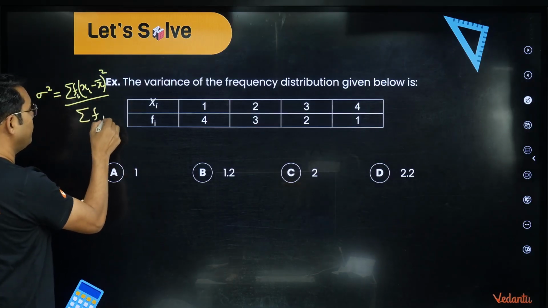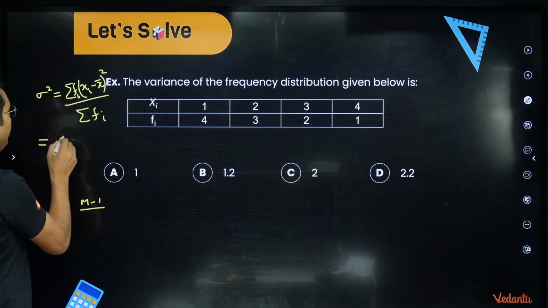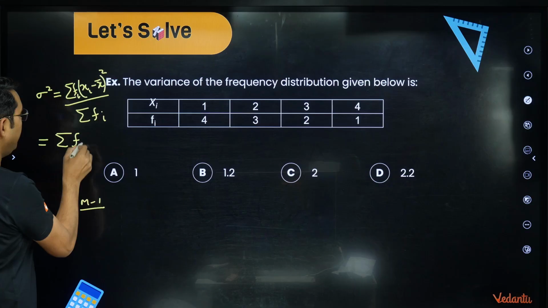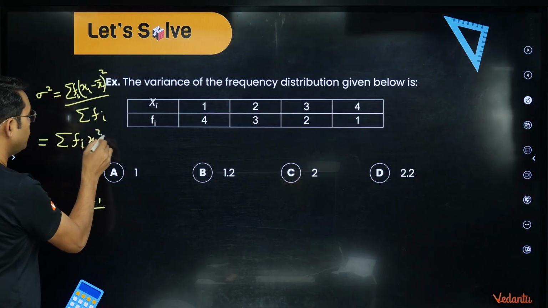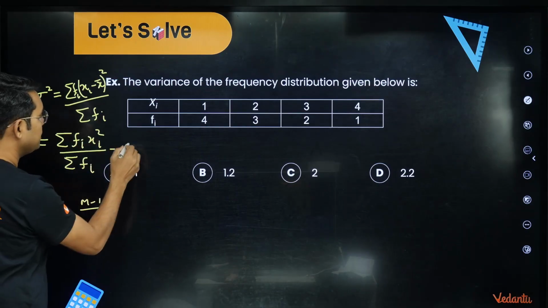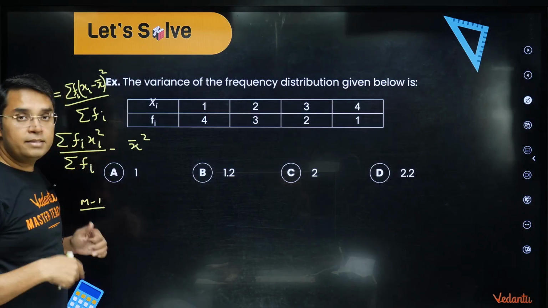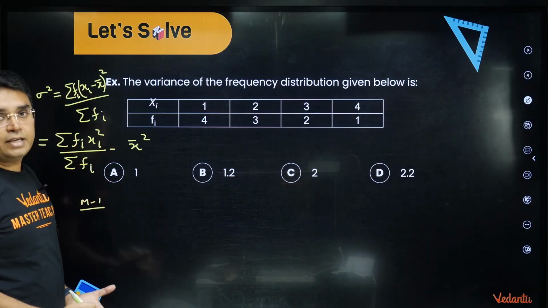So that is one formula. But if you open it, then we will be getting this as sigma of fi xi square upon sigma fi minus x bar square. Now dear student, this result has a separate significance, I will say.